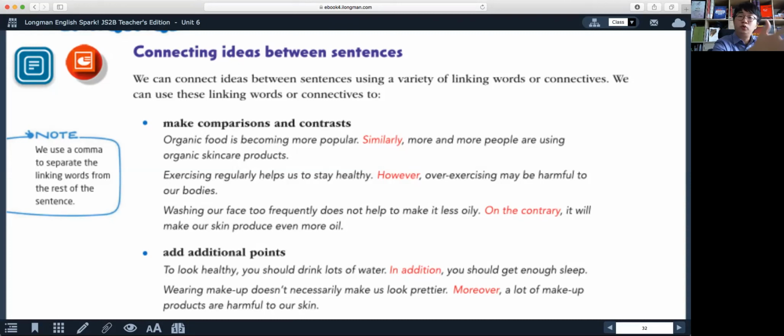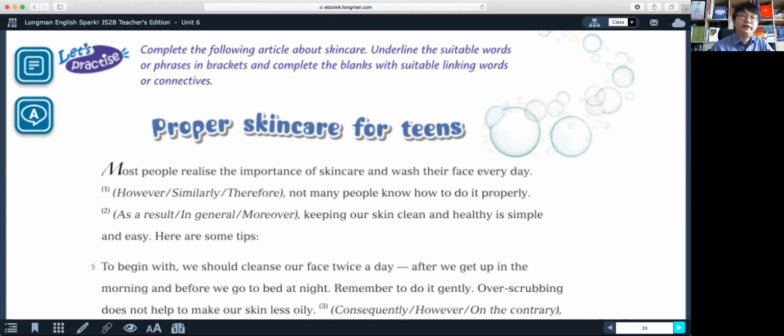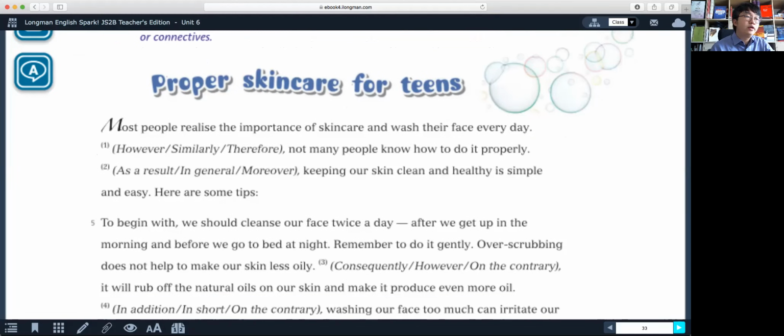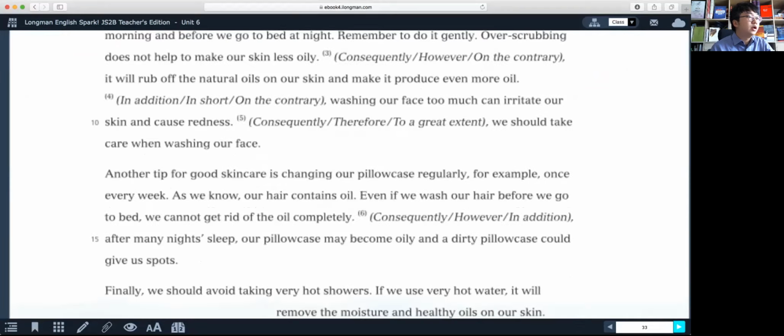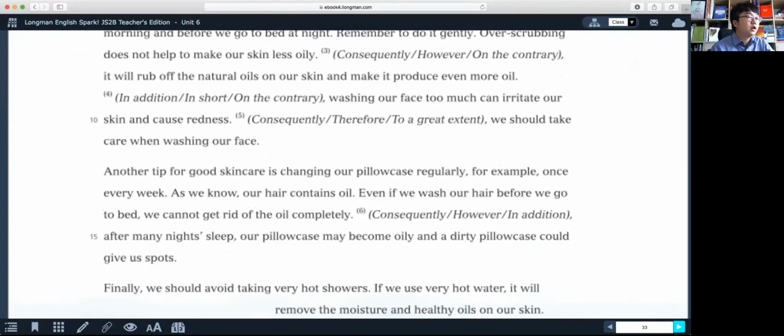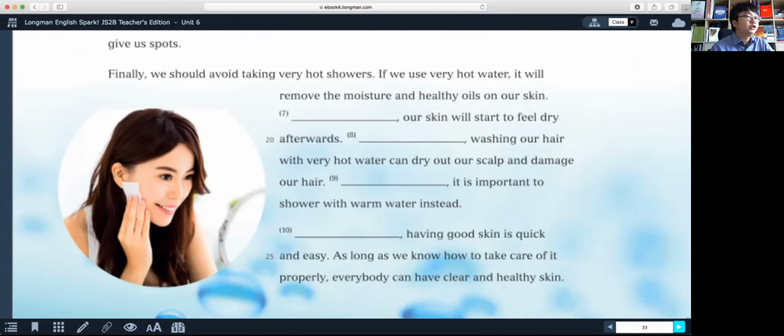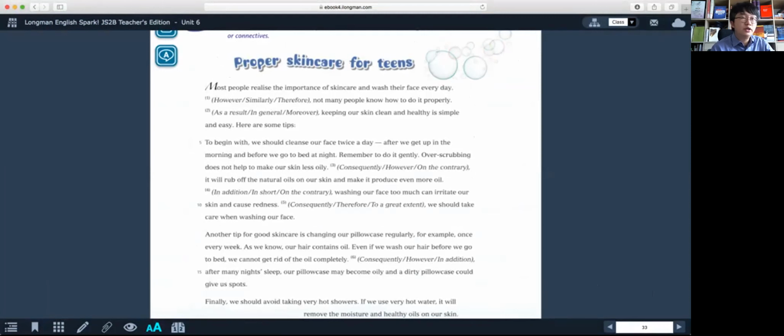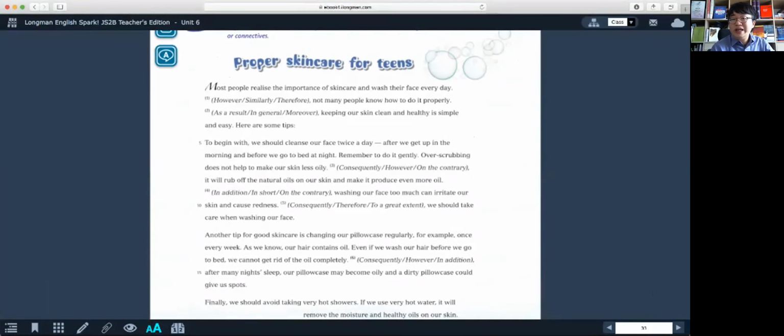Now, please turn to page 33. We have some exercises here, about 10 questions. So please finish them at home if you have the book with you. We'll check the answers with you later to see whether you really understand how to use these connectives.